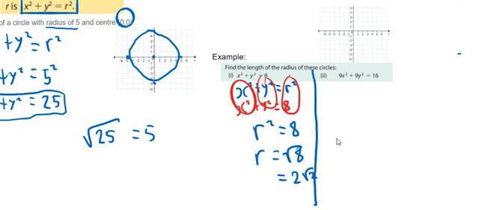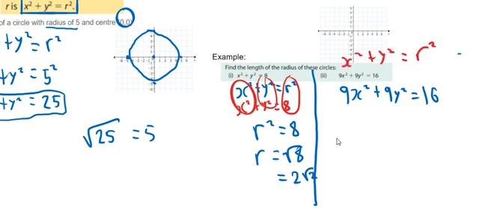The second example then, we have 9x squared plus 9y squared equals 16. We have a little problem here because the general equation of a circle is x squared plus y squared equals r squared.